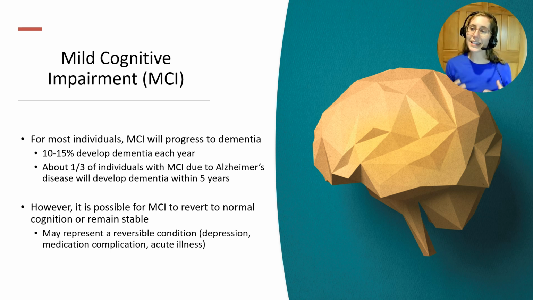So this really highlights why it is so important to do a really thorough evaluation of someone's medical history and what might potentially be contributing to someone's cognitive impairment when you are pursuing a diagnosis of dementia, because MCI actually can revert back to normal. Also, a diagnosis of MCI may remain stable and never become more severe.